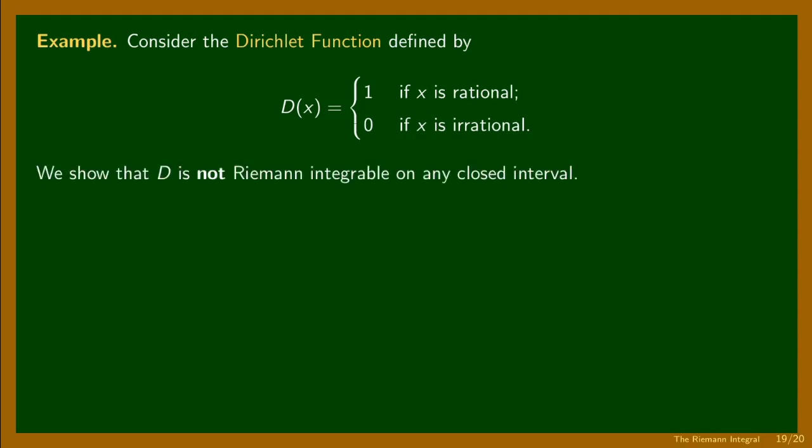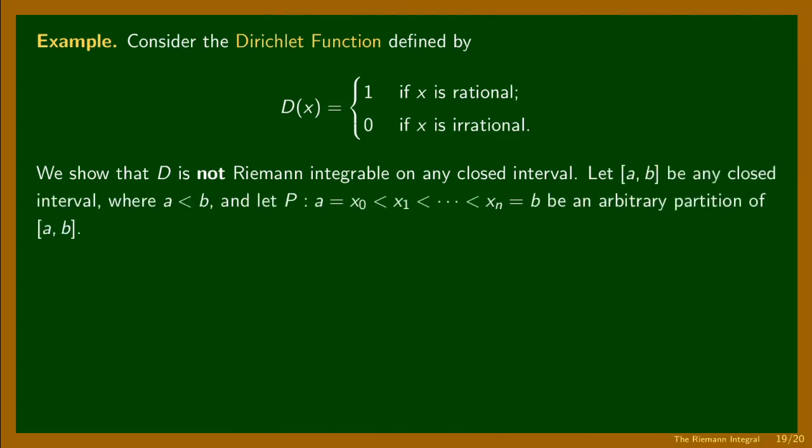This is our first example of a function that is not Riemann integrable on any closed interval. To see this, let's pick an arbitrary closed interval AB where A is less than B, and let's pick an arbitrary partition P of the closed interval AB.